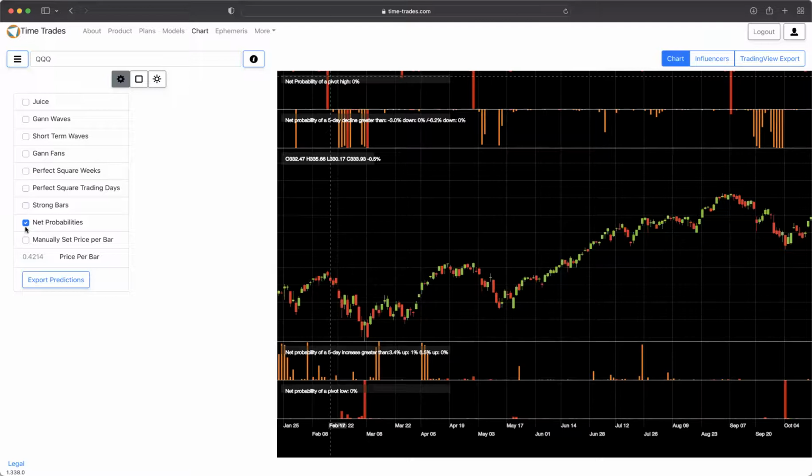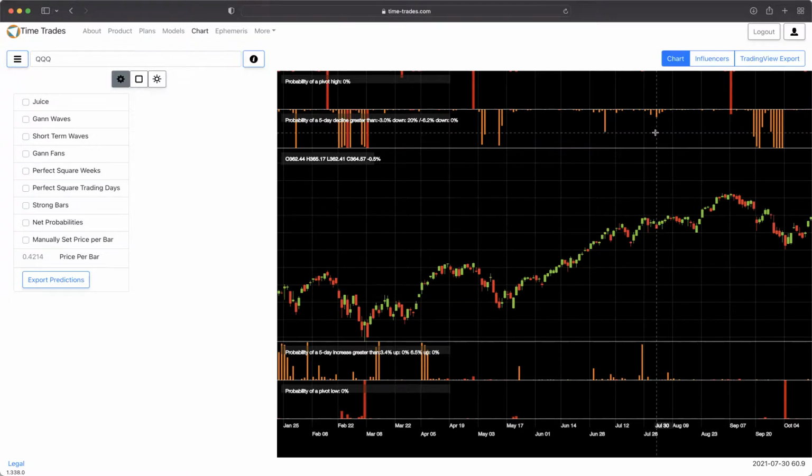And then finally, there's net probabilities. So what net probabilities does is, this probably isn't a great example of it, but whenever there is some ambiguity in the forecast, for example, let's say is there a day here where there's 2 probabilities in opposite directions?